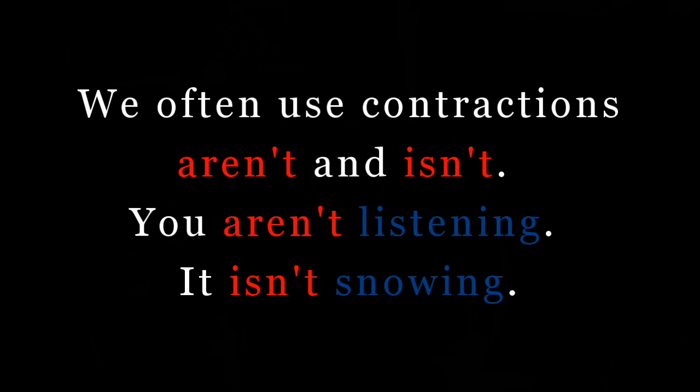It isn't snowing. Wenn wir die Verneinungen hier bauen, wir verwenden das Wort not. Okay, man kann sagen, you are listening, Aussage hier, you are not listening. Man kann das immer zusammenziehen, you aren't listening. Okay, so that's how we make this.